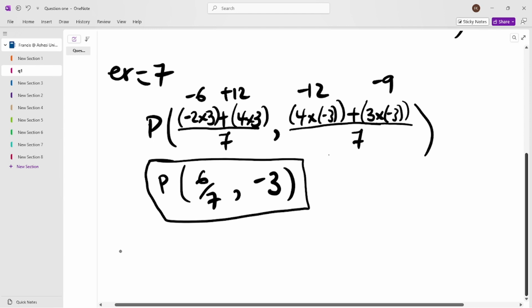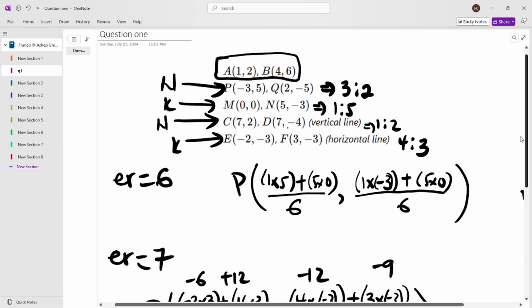So step one. Our ratio in number one is 3:2, and so our effective ratio is 5.